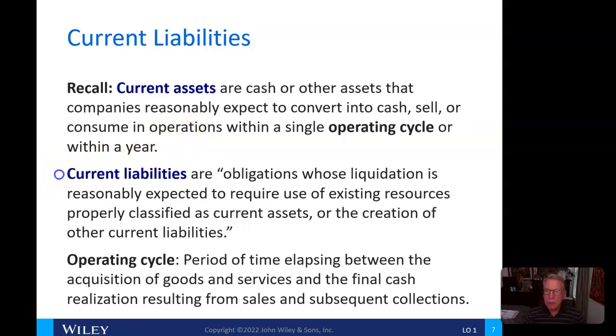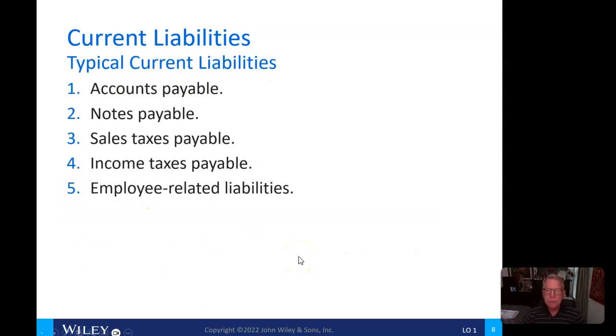Current liabilities are obligations whose liquidation is reasonably expected to require the use of existing resources properly classified as current assets or creation of other current liabilities. The operating cycle is the period of time elapsing between the acquisition of the goods and services and the final cash realization resulting from sales and subsequent collections.